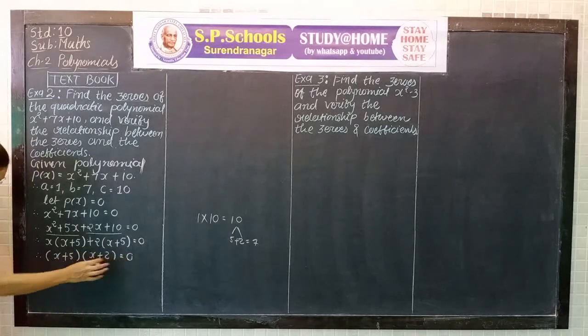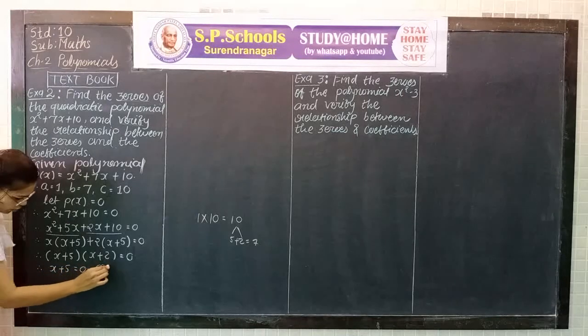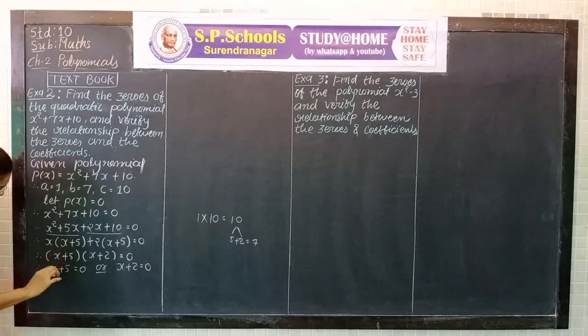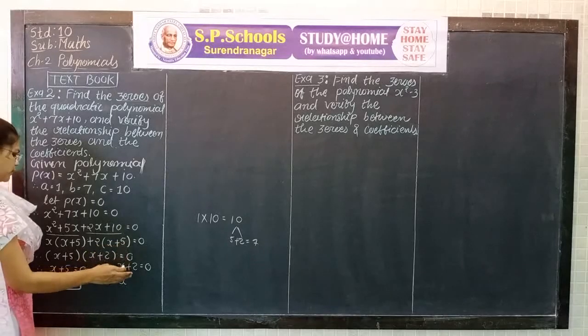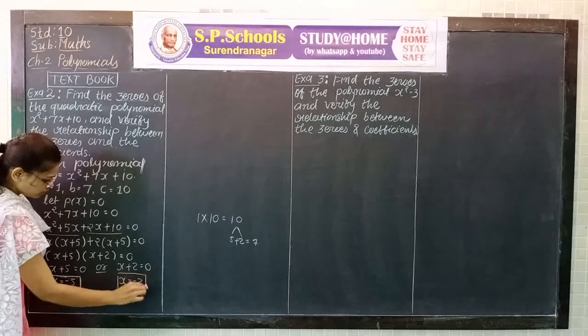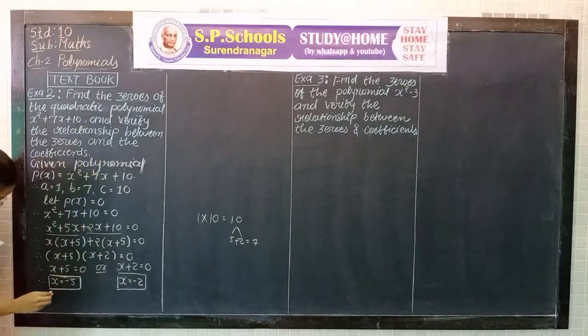On comparing both the brackets with 0, we get x plus 5 is equal to 0 or x plus 2 is equal to 0. Shift plus 5 from left hand side to right hand side, we get x is equal to minus 5. From the right hand side, shift plus 2 from left hand side to right hand side, we obtain x is equal to minus 2. Here minus 5 and minus 2 are the zeros of the given polynomial.